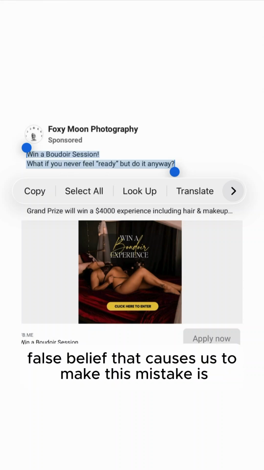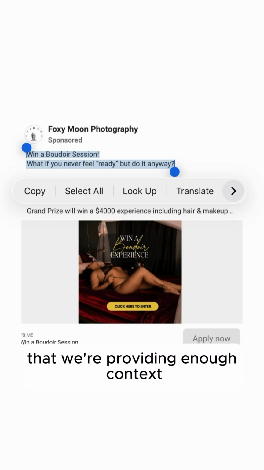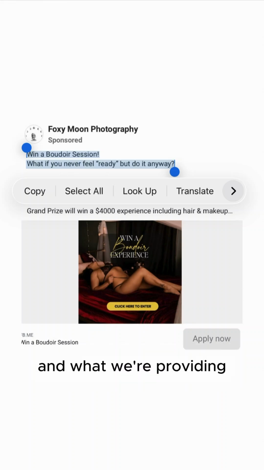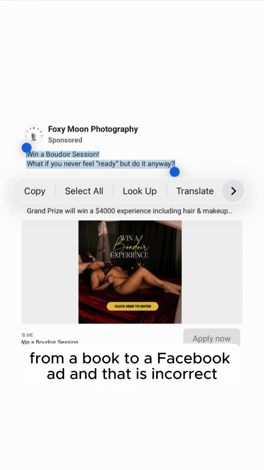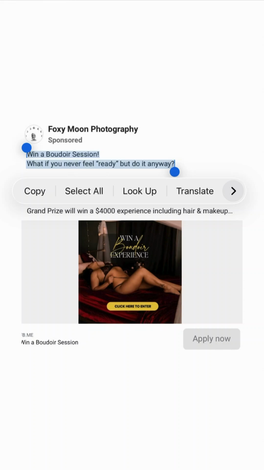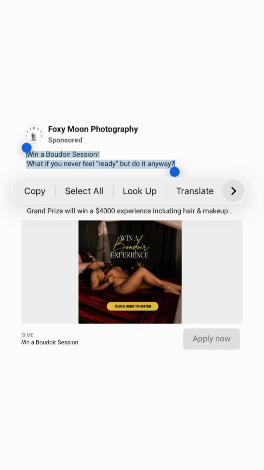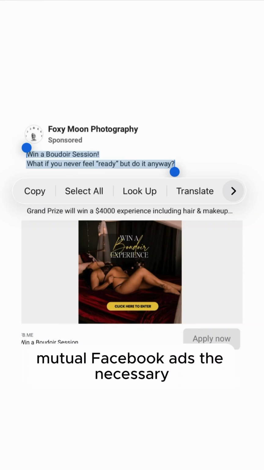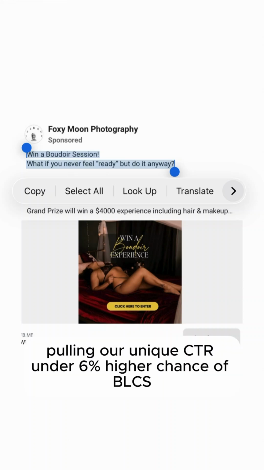The false belief that caused us to make this mistake is we're believing incorrectly that we're providing enough context, and what we're providing is the number one way to bring in buyers from a Boudoir Facebook ad, and that is incorrect. Now the consequence of this is way more women are going to be scrolling by our Boudoir Facebook ads than necessary, pulling our unique CTR all under 6%, higher chance of BLCS.